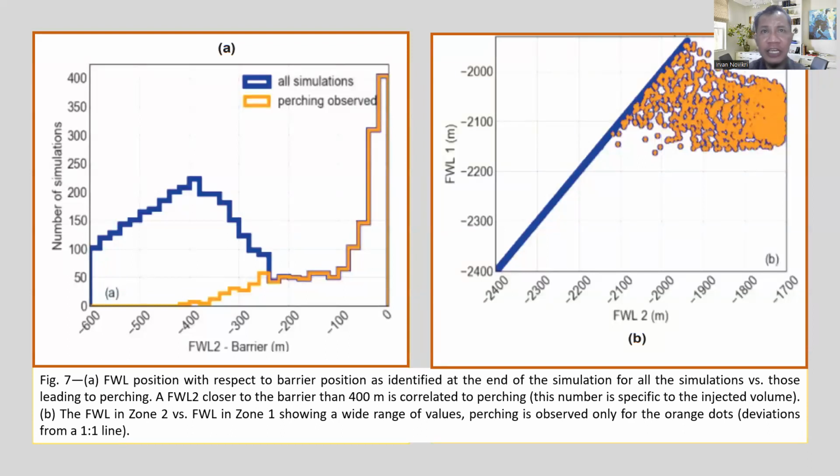The observation states that when the free water level in the perch zone is deeper, indicating higher entry pressure, the ratio of cases where perching occurs decreases compared to the total number of cases. As the entry height increases, the interval of height required to trap the water increases, allowing more hydrocarbon to be accommodated in the trap zone.